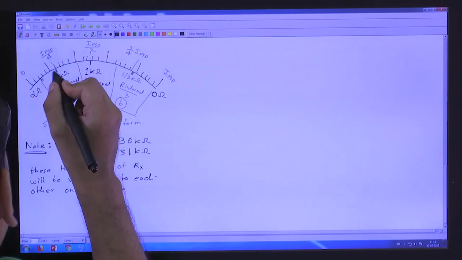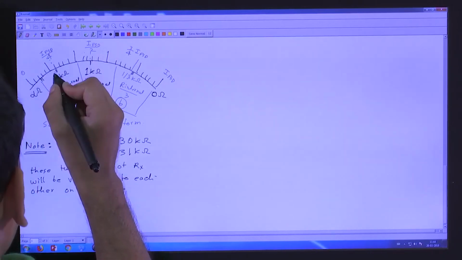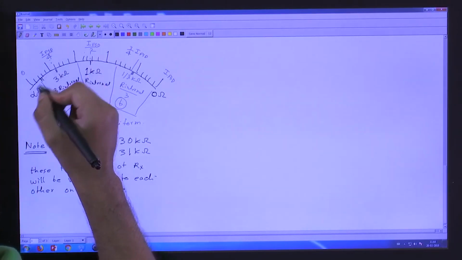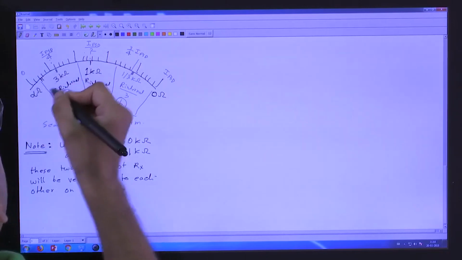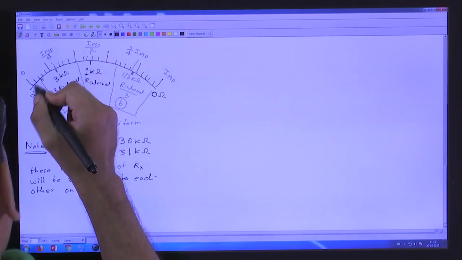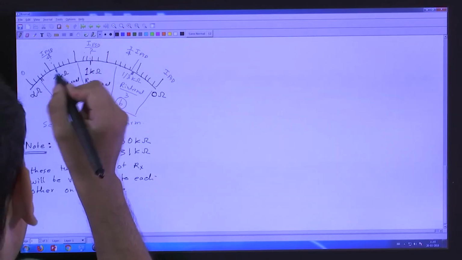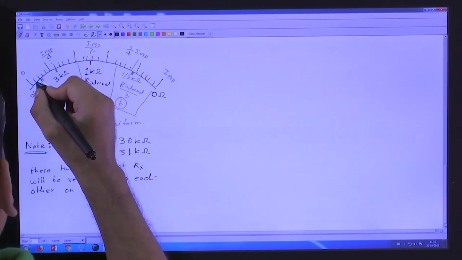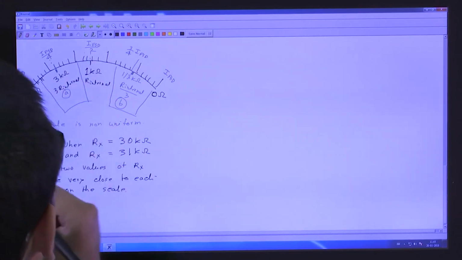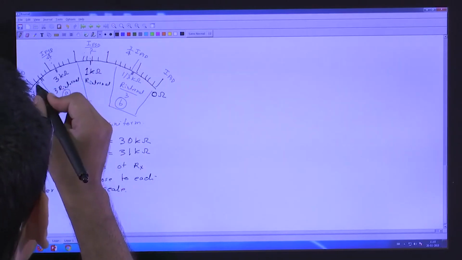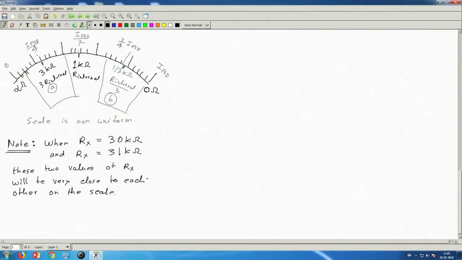Within this 25% of the scale, we have everything from 3 kilo ohm to infinite. If I have 1 mega ohm and 2 mega ohm, those two will also be very close, and we cannot distinguish easily between those two positions. So it's very difficult to read resistance values of very high value.